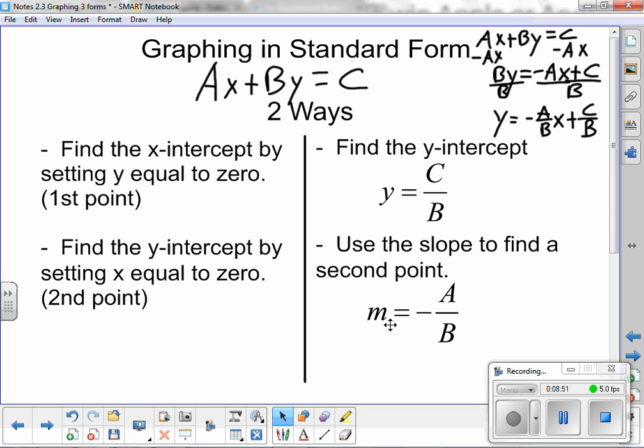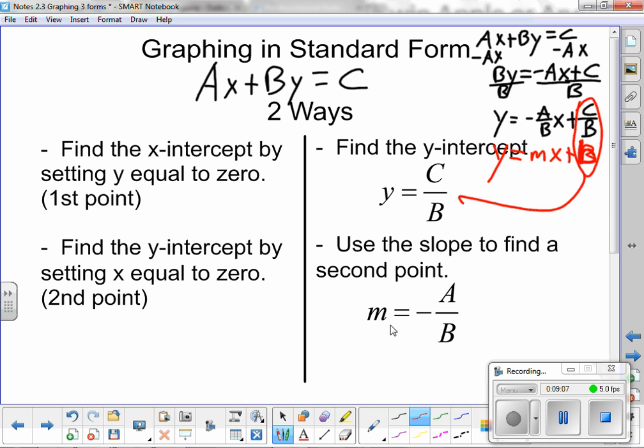And if you think about slope-intercept form, y equals mx plus b, or lowercase b, sorry about that, lowercase, okay? b matches up with c over b, which means that your y-intercept is c over b, and this negative a over b matches up with your slope, which means your slope has to be negative a over b, okay? And that's how that works.